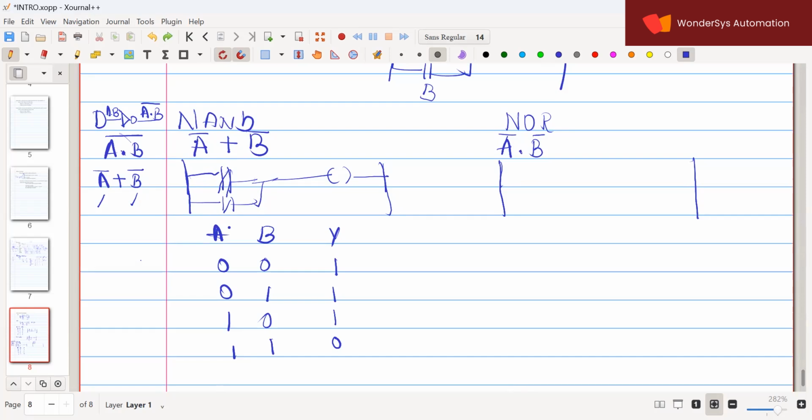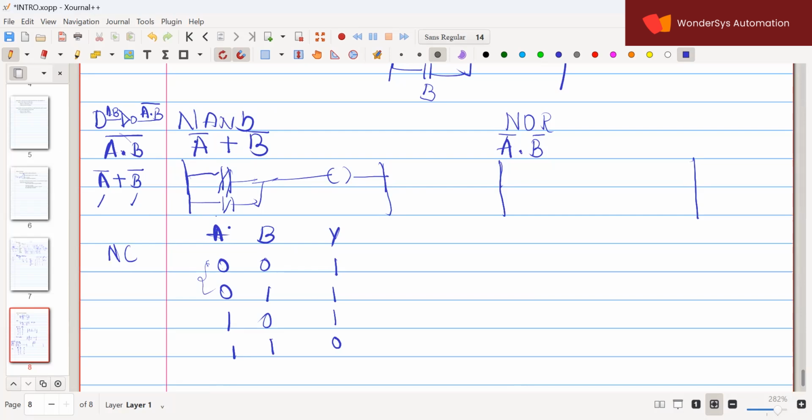So, this is one way to understand. The other way is based on this condition. Now, see here. It is 0, 0. Whenever the condition required is low and you're getting high for low conditions, that time we have to use an NC switch. Whenever you see a high output for low states, then you have to use an NC switch.